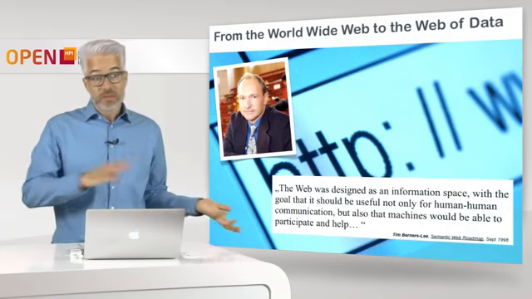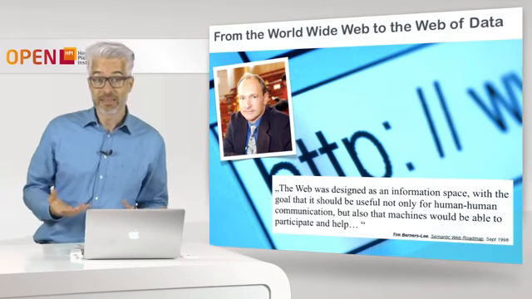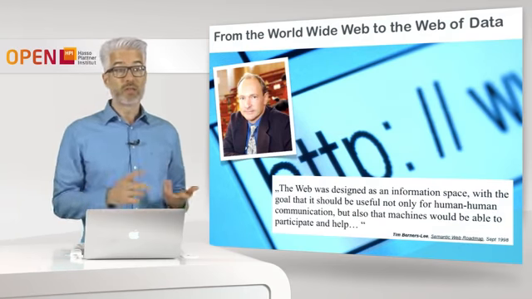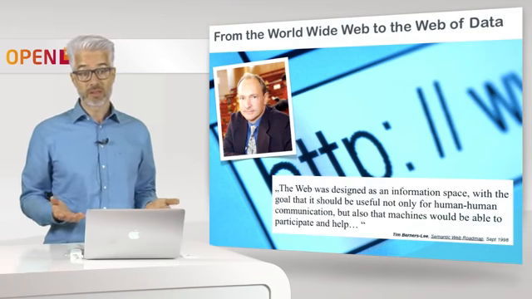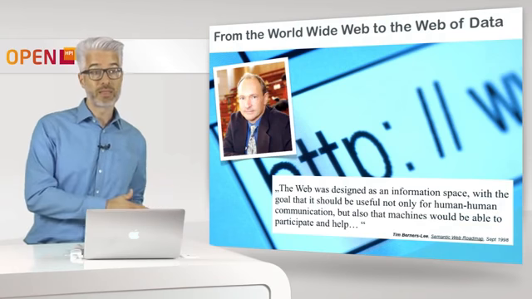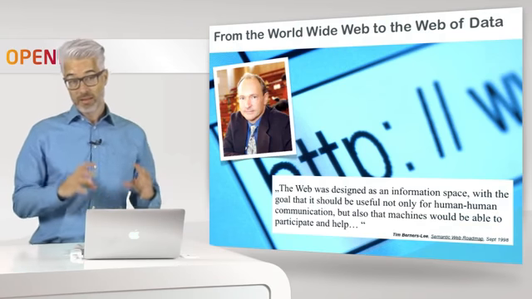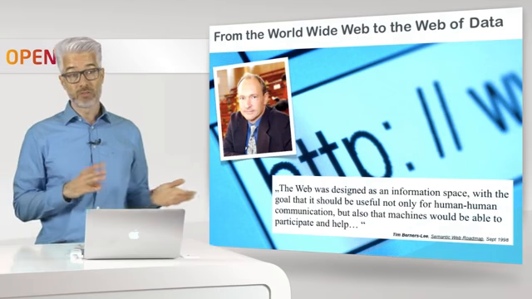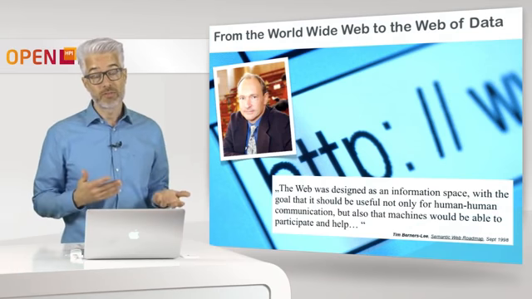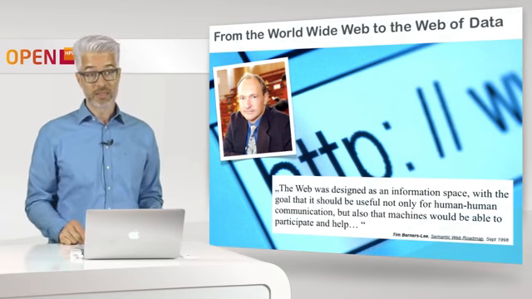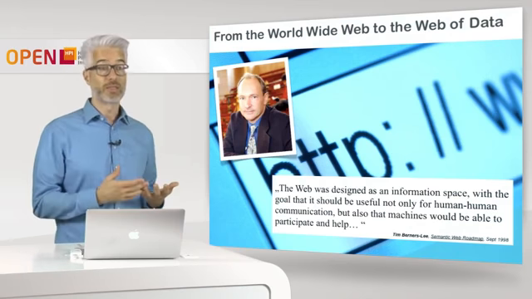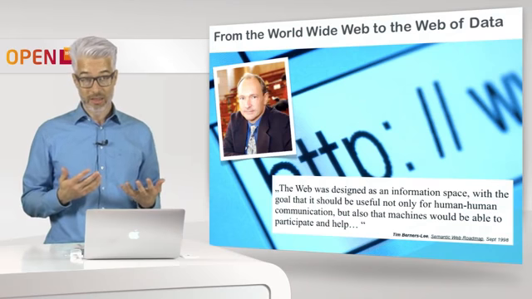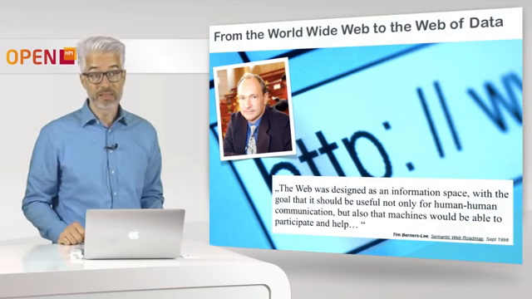Moreover, from the beginning, the web was designed as an information space with the goal that it should be useful not only for human-human communication, but also that machines would be able to participate and help. But for machines being able to participate and to help, of course, they have to understand the information that is in the web. They have to understand the information in the document. They have to understand the information that is provided with the data.